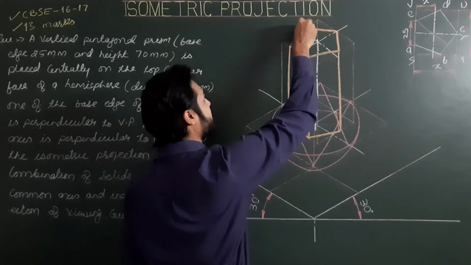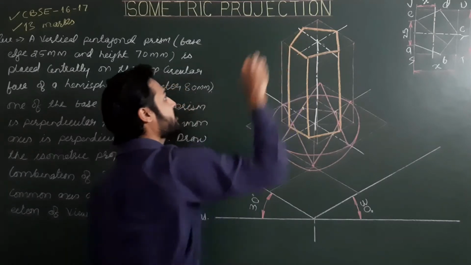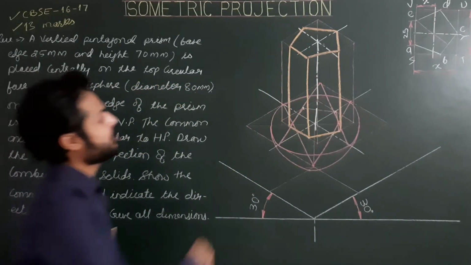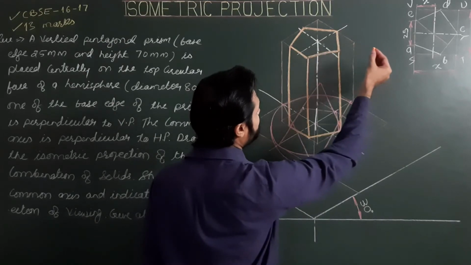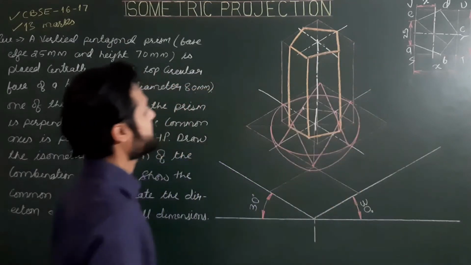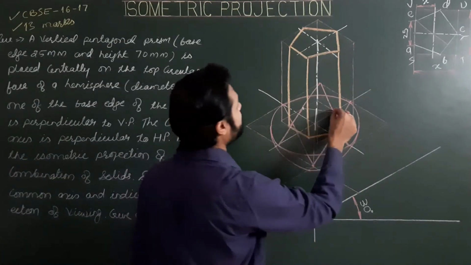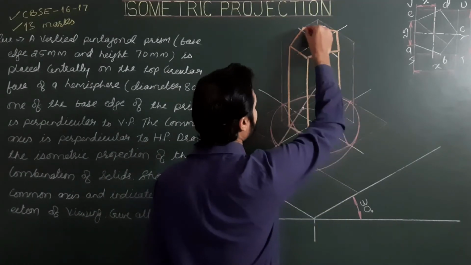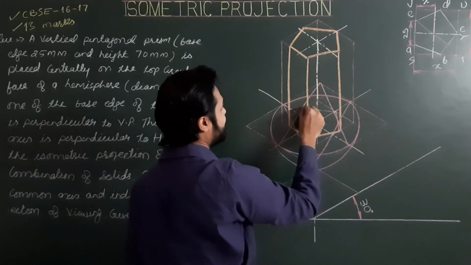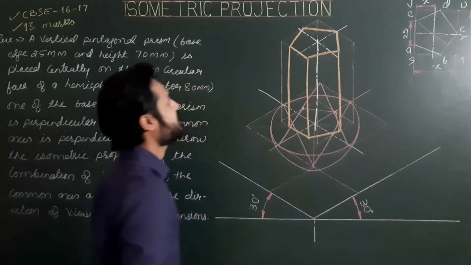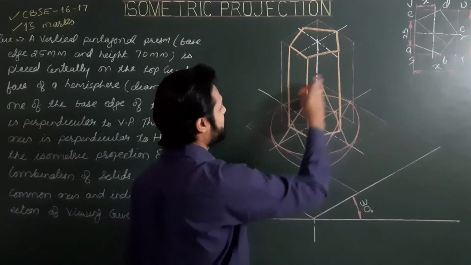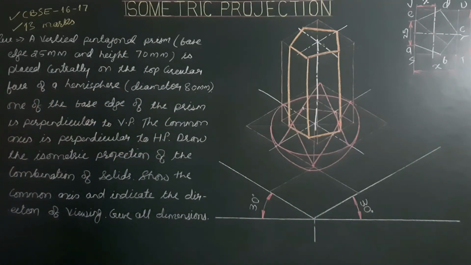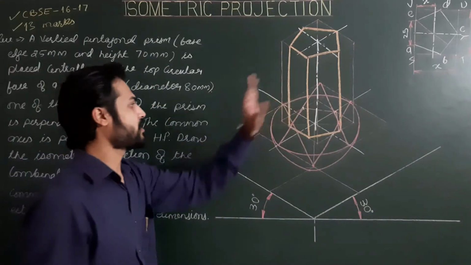The upper base is completely visible, and other generators are from this point to, okay, where is the point? Yes, from this point to this point, and from this point to that point. These two generators are hidden generators, so we are not going to show them. These are all visible sides and generators for the pentagonal prism.